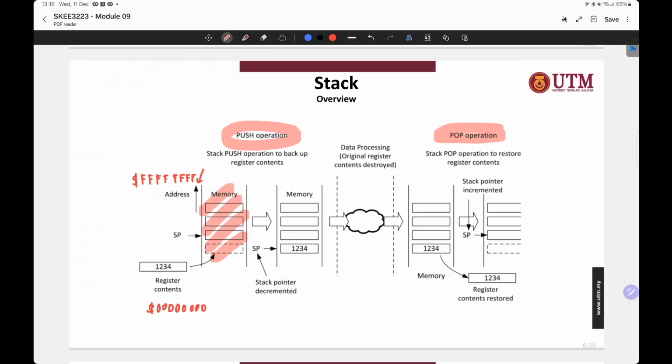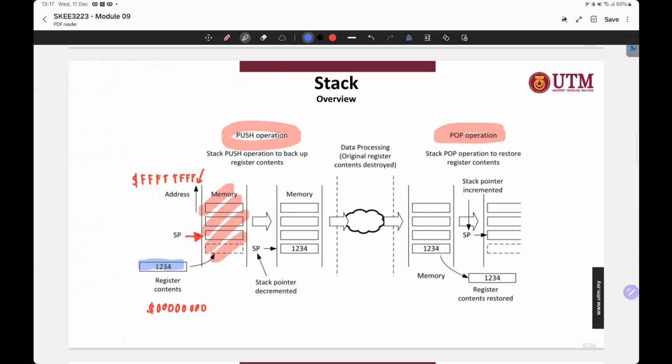Let's assume you initialize your stack pointer here, in the middle of your SRAM, in the middle of your memory. So now you have a data, which is inside a general purpose register, and you're going to put it into your stack memory.